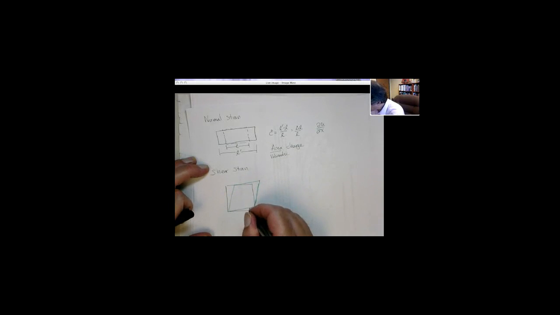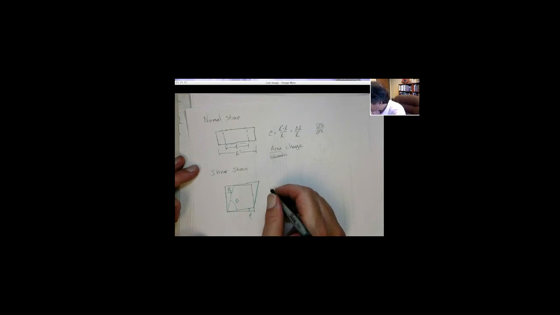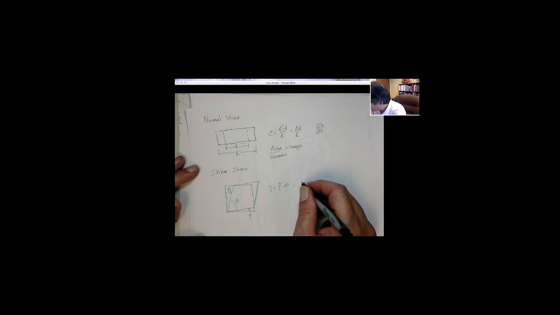Here's theta 1, and here's theta 2. But the shear strain is how much this included angle is changed off of 90, right? So the shear strain is pi on 2 minus theta, but you can see that that's the same as phi 1 plus phi 2.